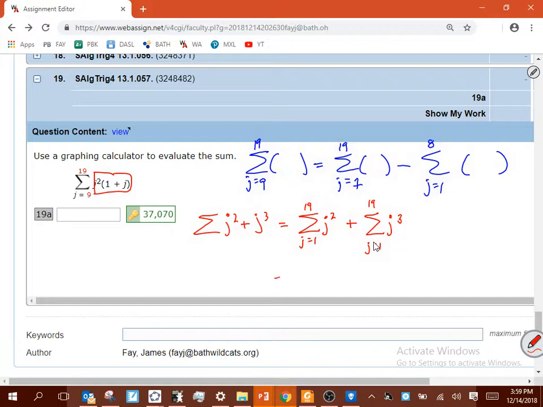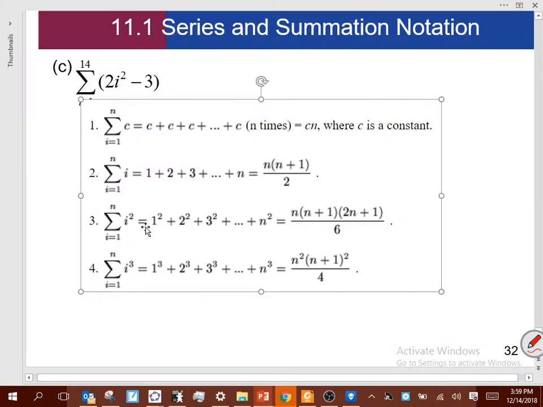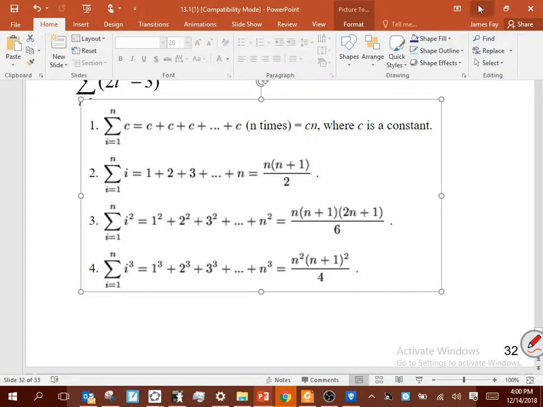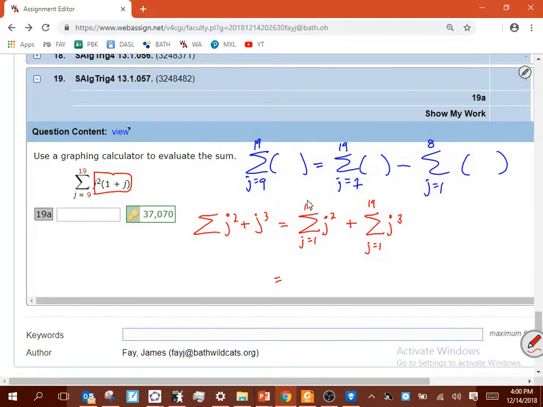Let's evaluate those. Let's see if I still have that list here. Yep, still got these here. So we can say that anything squared, i squared, J squared, whatever variable you're using, is n times (n plus 1) times (2n plus 1) over 6, where n in this case would be 19.